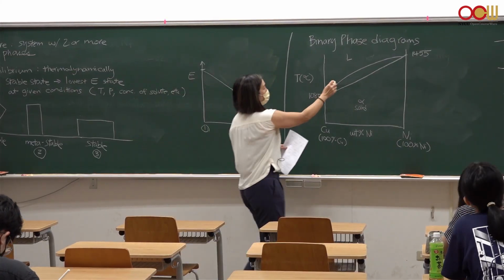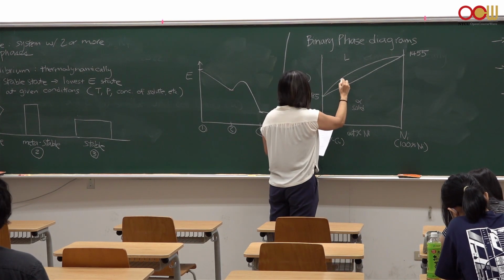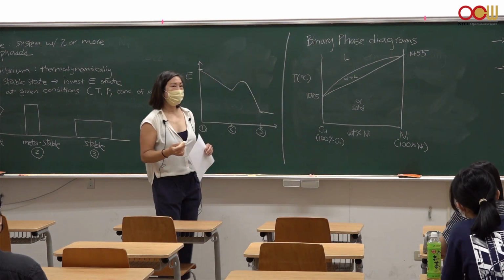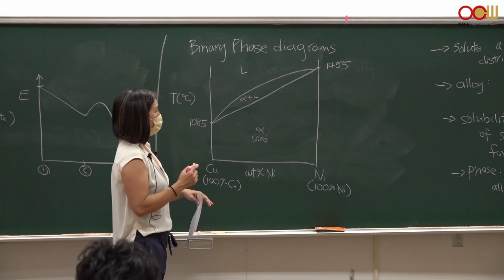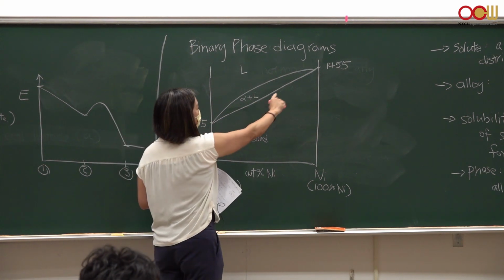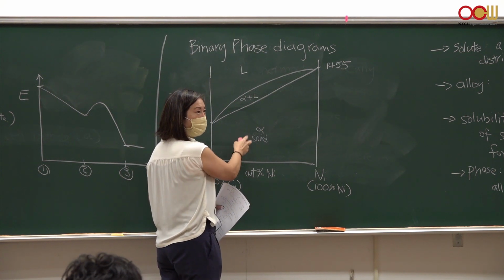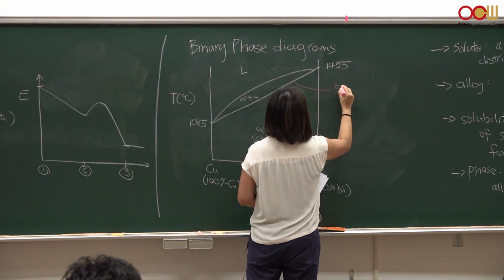And in between here, between the liquid and solid, you have a region where you have both. You will get both liquid and solid phase. So there are a couple things that we need to learn about phase diagrams so we could talk about it more easily. The line that separates the 100% solid phase from the mixed phase is called the solidus line.